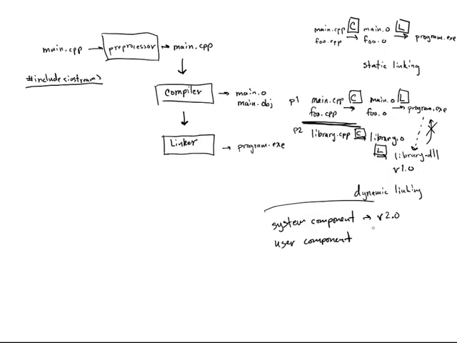If the code that you're calling from your program executable, that's in the library DLL, if the signatures of the methods didn't change, basically, then you'll be okay. You won't have any problems. Your program will run. It'll pick up the new DLL totally fine.